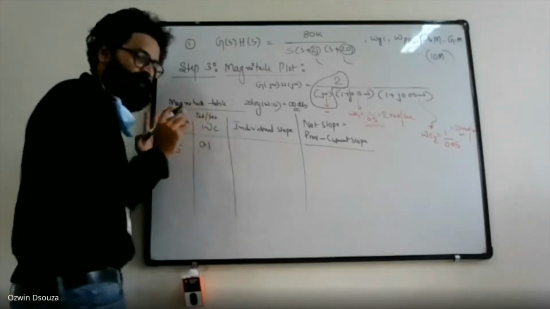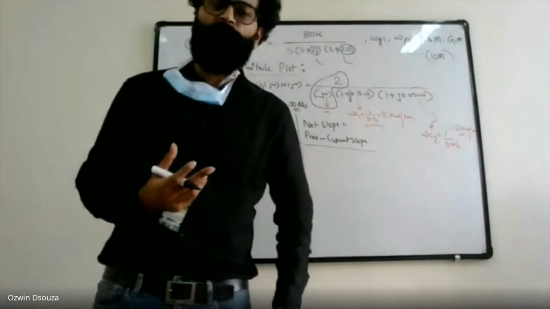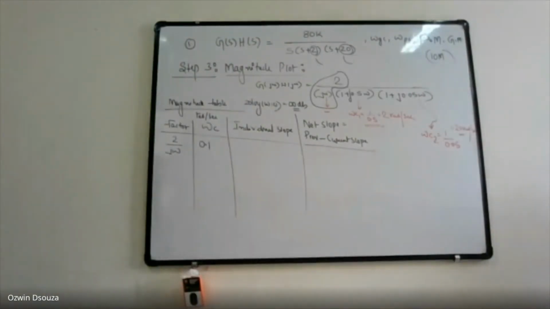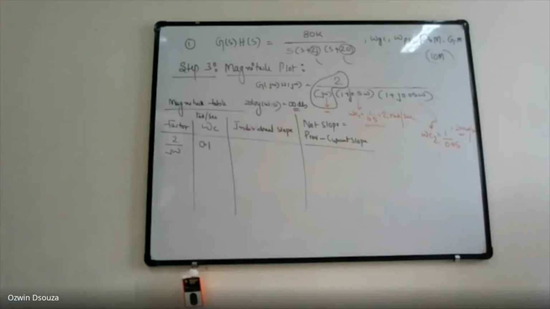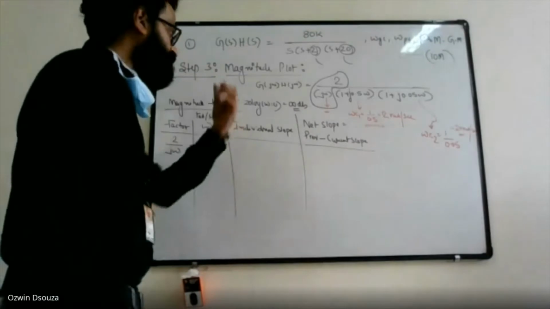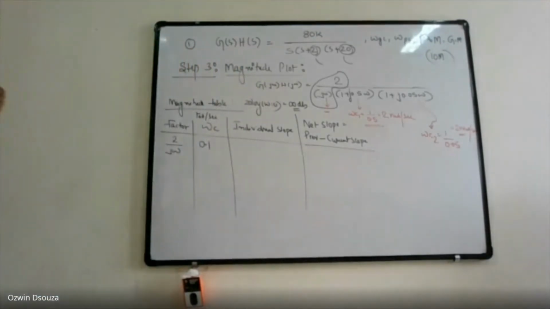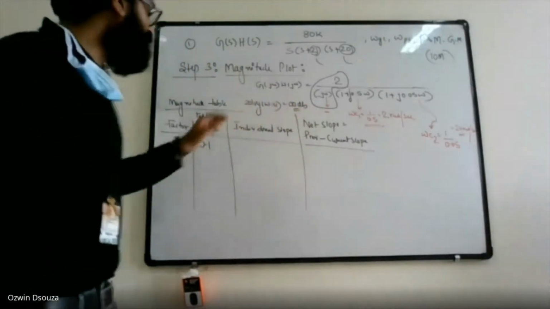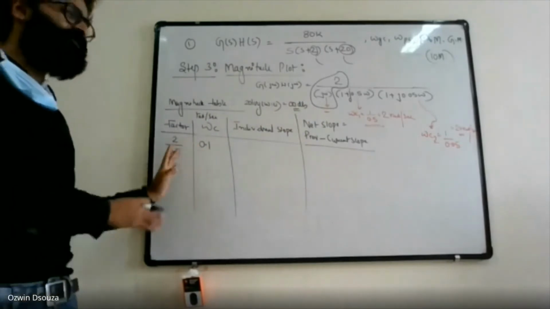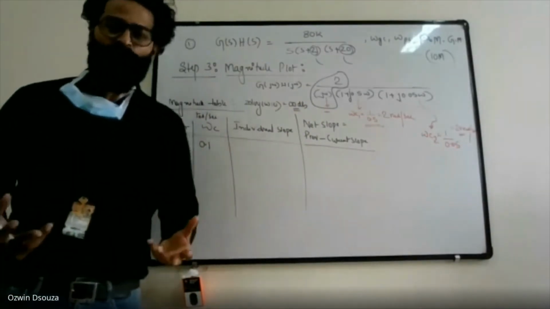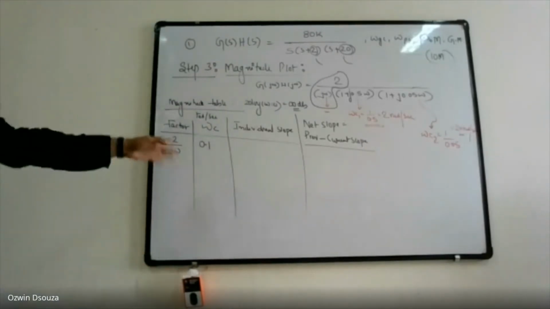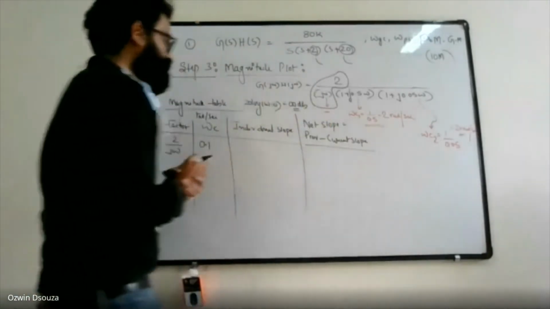I cannot take omega equal to 0, because I'll get infinite gain, which is strictly not a valid condition, right? Because it cannot handle DC signal. That's the reason, instead of origin, I'm considering a frequency which is very close to 0. Say, for example, 0.1. You can even consider 0.01, doesn't matter. All right, fine.